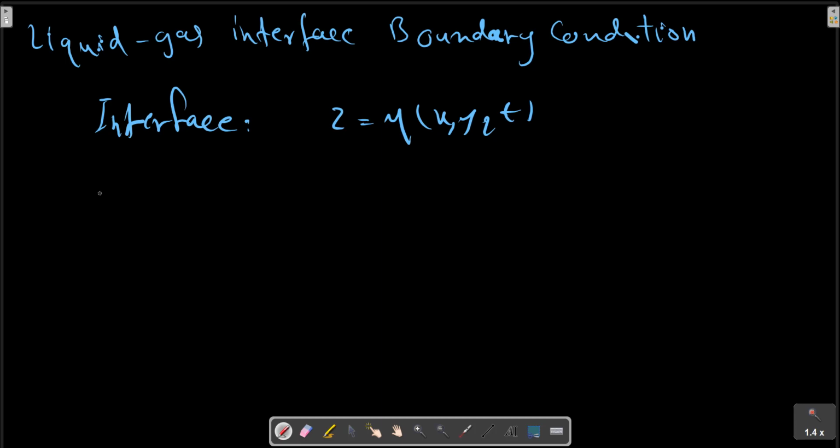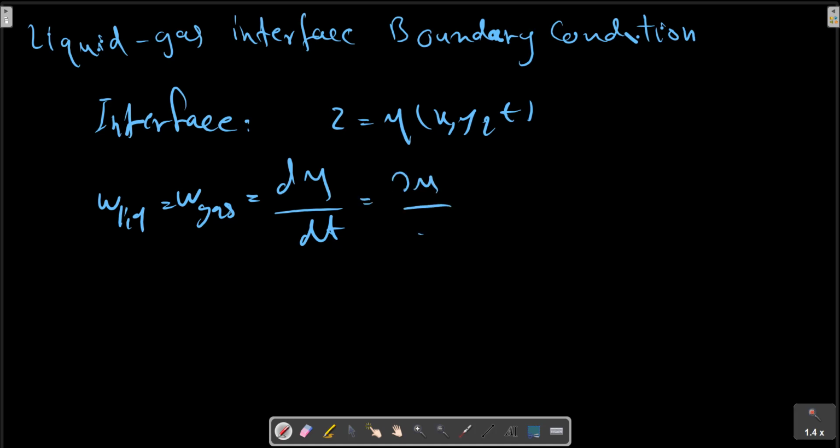So we have d eta on dt, which is equal to the x direction and y direction spatial derivative terms. This is called the kinematic boundary condition.